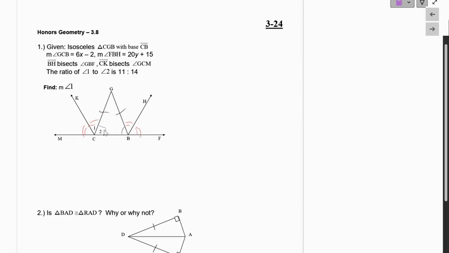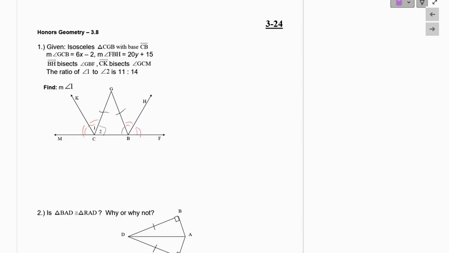So we can set up an equation saying that 6x minus 2 plus 2 times 2y plus 15 equals 180, and then use the ratio of the sides with the x and the y. Say it equals like 6x minus 2 is in the denominator, 20y plus 15 is in the numerator, set it equal to 11 over 14, and we can do it that way.